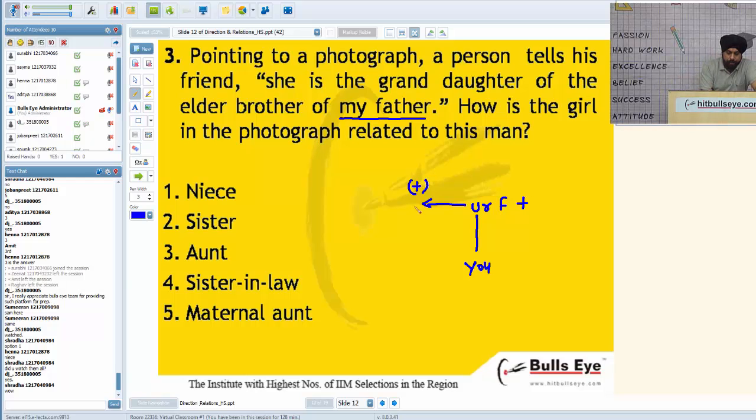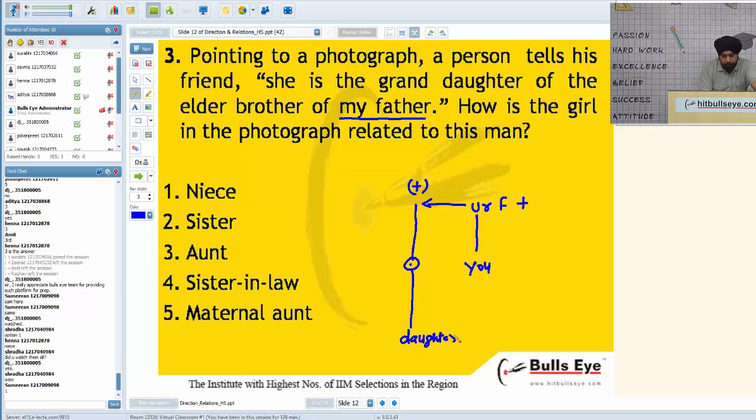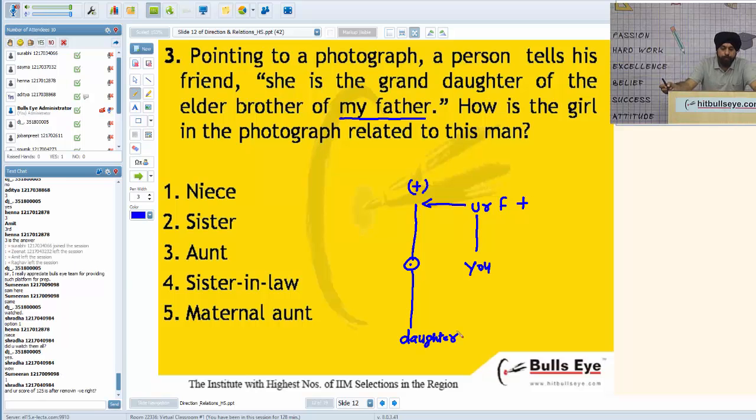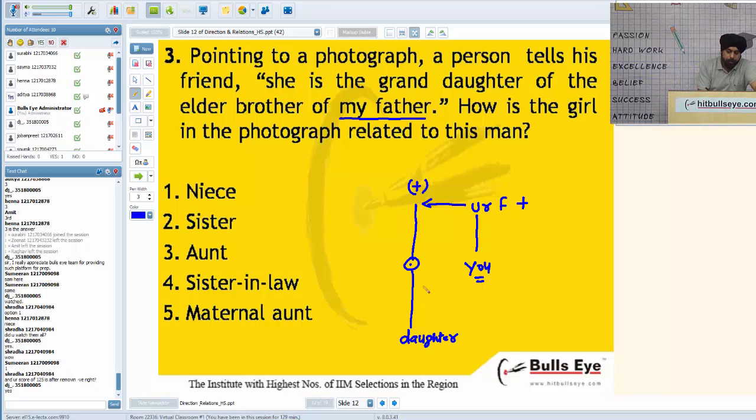Your uncle's granddaughter, so there will be one generation here, the person who will be your cousin, and then it will be his or her daughter, right? Because she is the granddaughter of the elder brother of your father. So how is the girl related to you? If it is your cousin's daughter, you will be an uncle to her and she will be niece to you. So it is the first option.